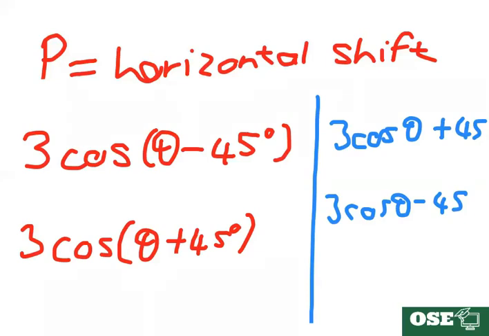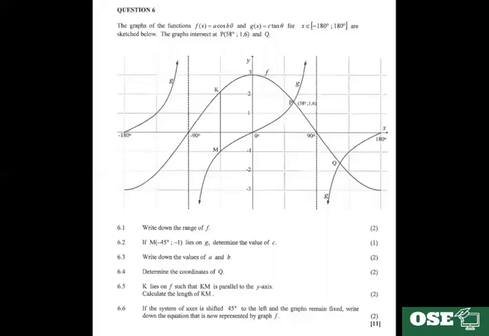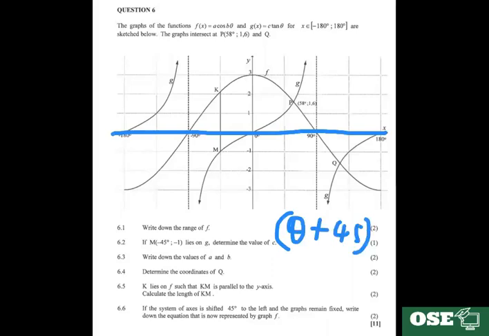So remember the theta. Let me show you. Let me clear for now. Can you see the thetas, or the angles, lie on the x-axis? So when you put it in brackets, theta plus 45 or theta minus 45, you are actually affecting the x-axis.